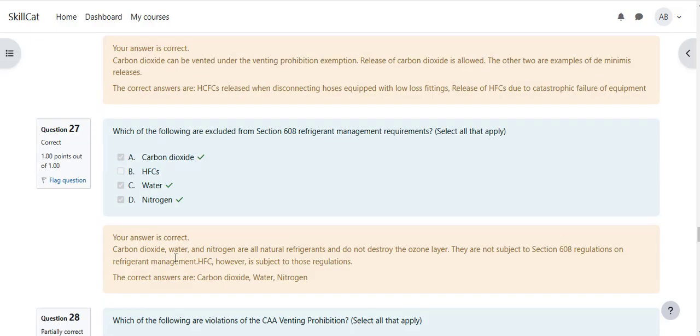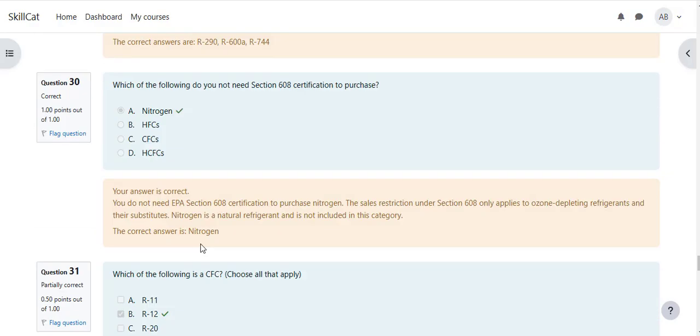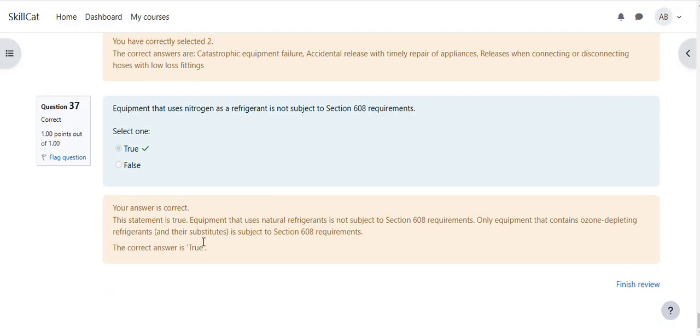Which of the following are violations of the CAA venting prohibition? Release of refrigerant because appliances were not recovered. Yeah. Okay. Just this question, and all the others are correct.